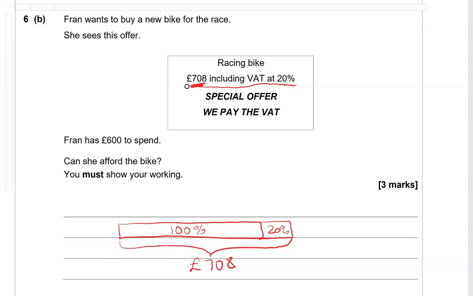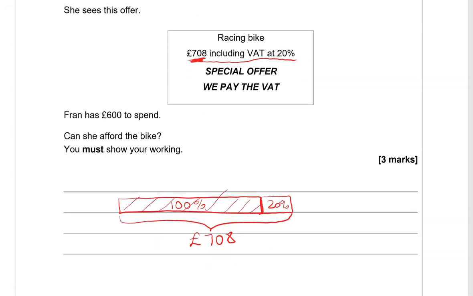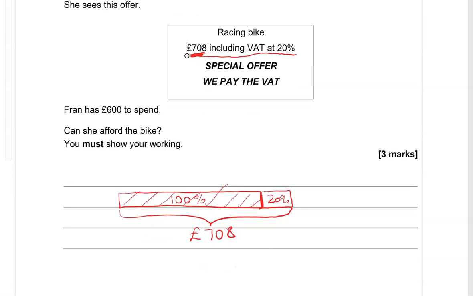Now, if I want to work out just the 100% amount, this one here that I am highlighting, then I'm going to have to divide this 708 by 120 so I could get just 1%.